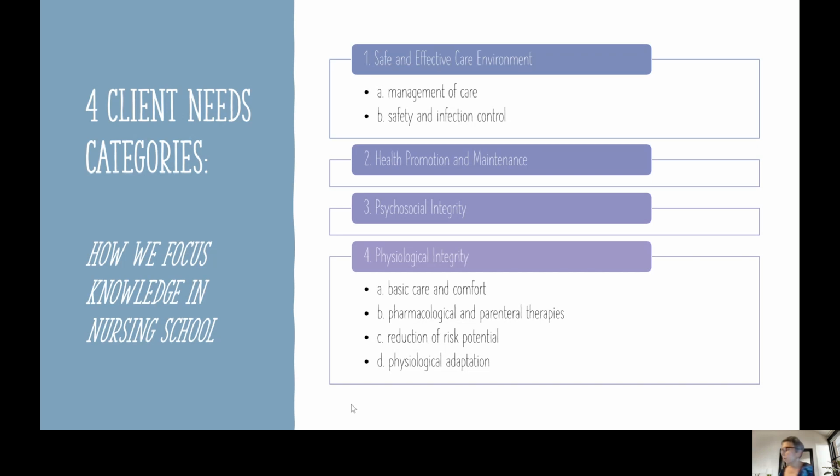I'm going to pull that up so that I have it handy as well. And that is indeed under physiologic integrity. For this particular chapter, it's interesting to note that the only two addressed here are health promotion and maintenance, number 2, and physiologic integrity. So there's not something listed under each of the 4 client needs for this particular body system.